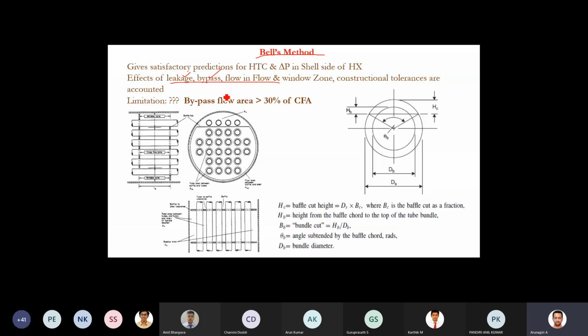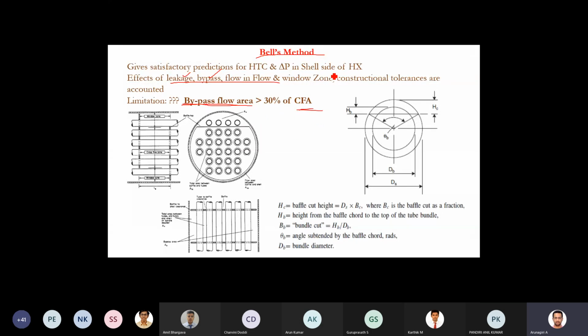Apart from that, to estimate the pressure drop, a zone-wise pressure drop estimation is carried out: window zone, cross flow zone, and end zones. The limitation of this method is that the bypass flow area should not be greater than 30% of the cross flow area.